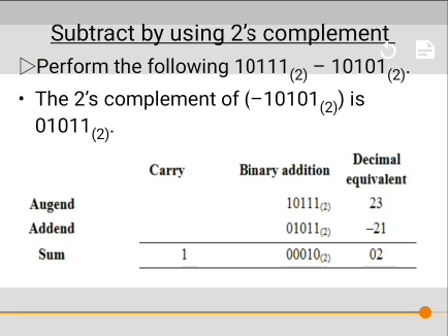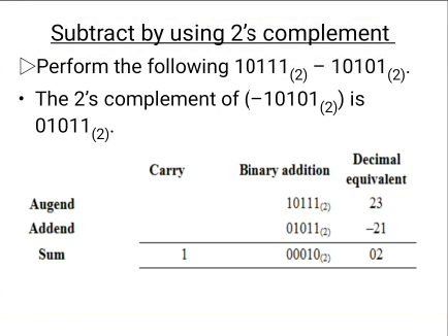So, in the first column, 1 plus 1 equals 0 and carry 1. In the second column, 1 plus 1 plus 1 equals 3, that means 1 with carry 1. In the third column, 1 plus 1 equals 0, carry 1.